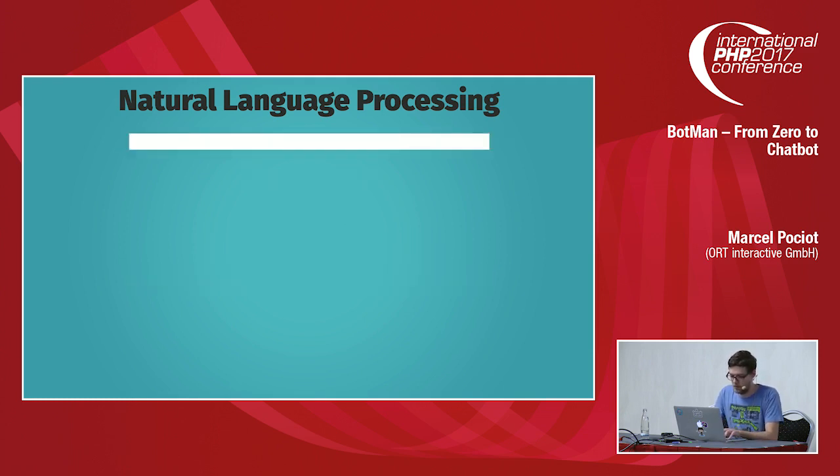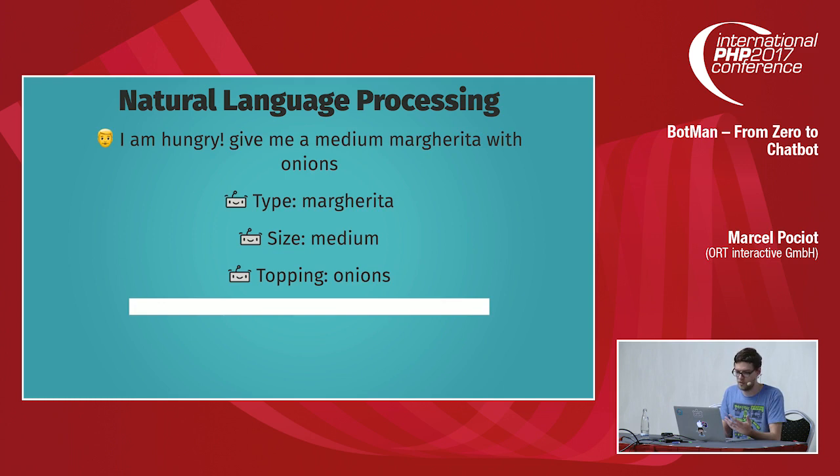Or, I don't know, something like, I am hungry. Give me a medium margarita with onions. So this would just get passed to these services, and they extract the information for you.